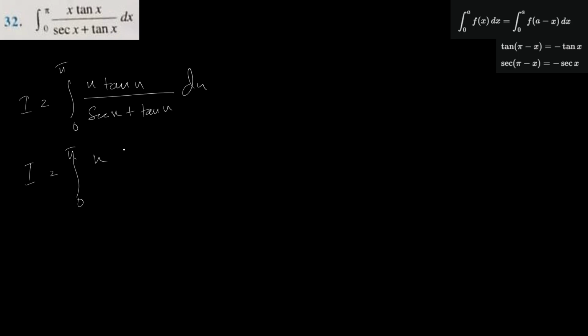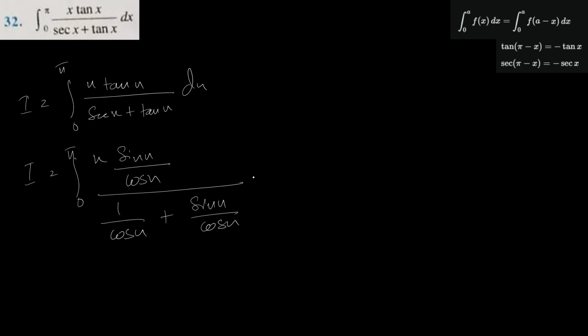Tan x, you see, I can write it as sin x by cos x, by sec x means 1 by cos x, tan x means sin x by cos x. This is dx, 0 to pi.